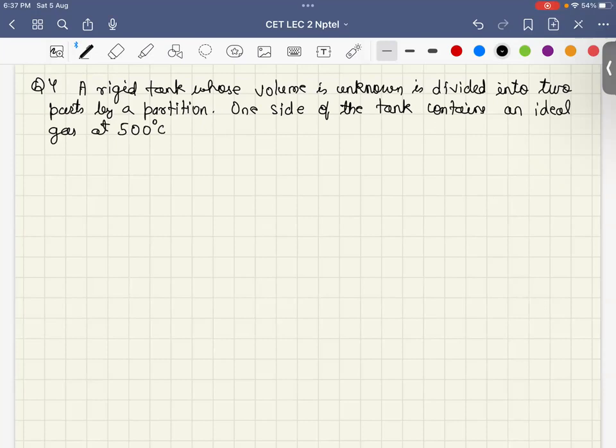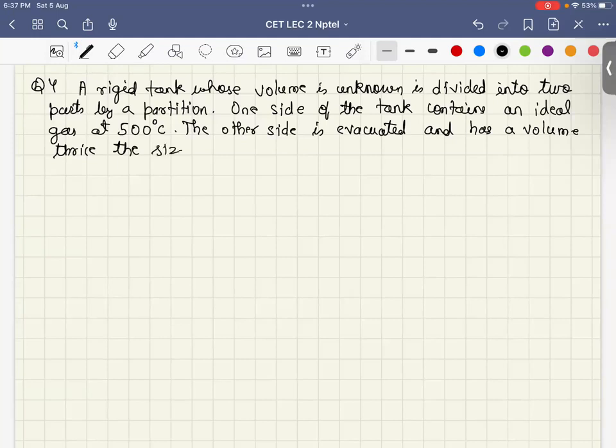500 degrees centigrade, whereas the other side is evacuated and has a volume the size of the part containing gas.